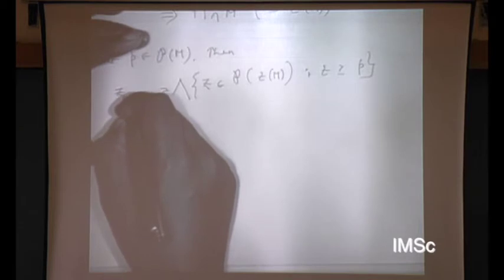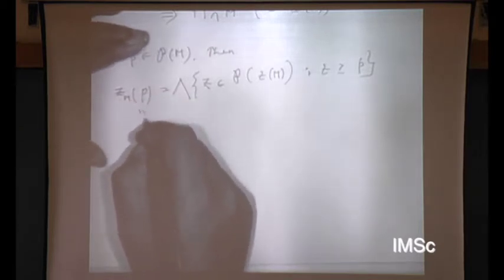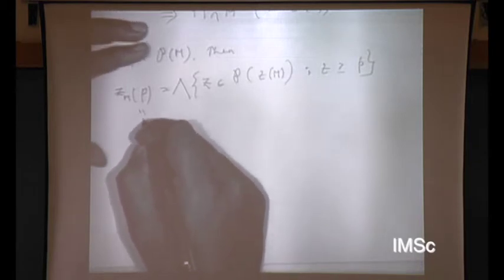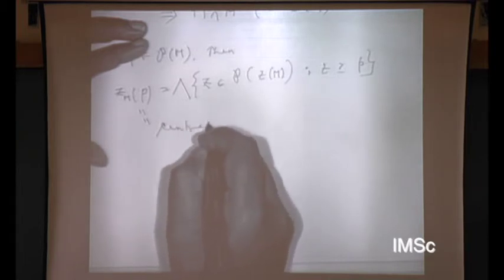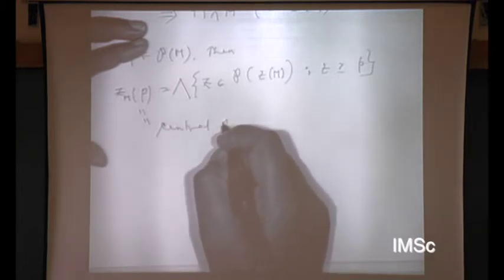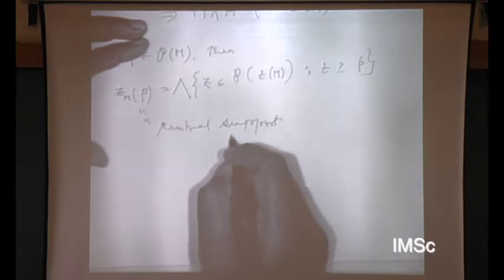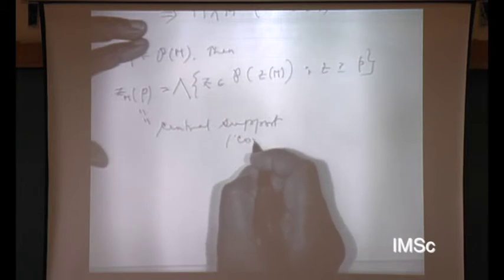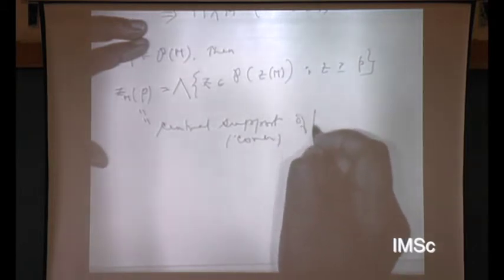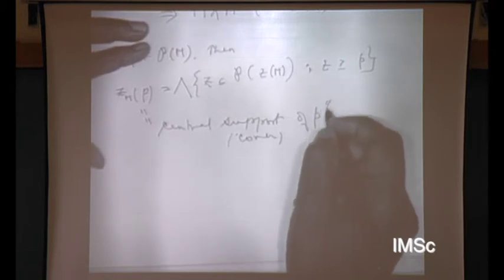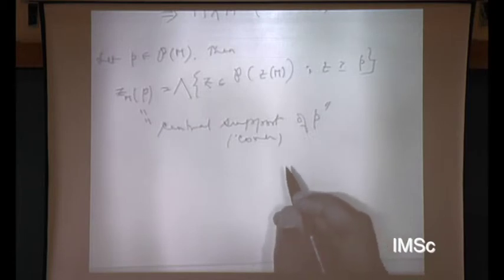Let me call this Z_M of P. I will call this the central support, or sometimes we will also say cover of P. It is the smallest central projection which contains P.